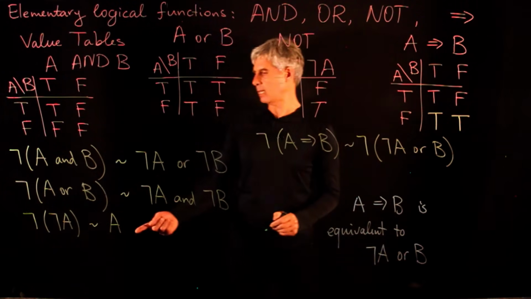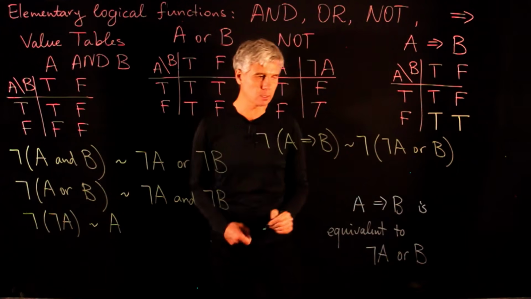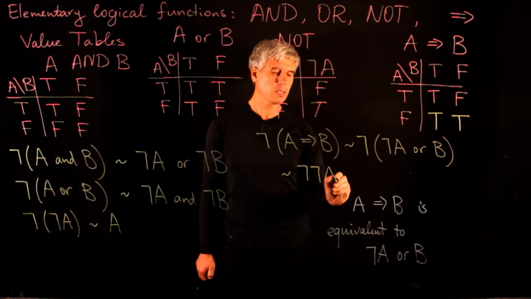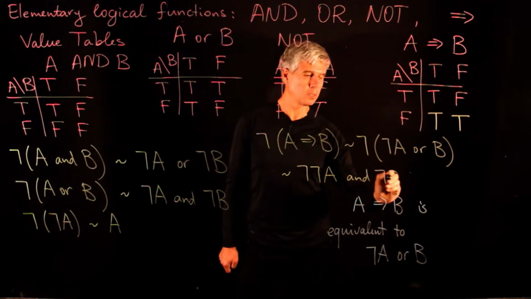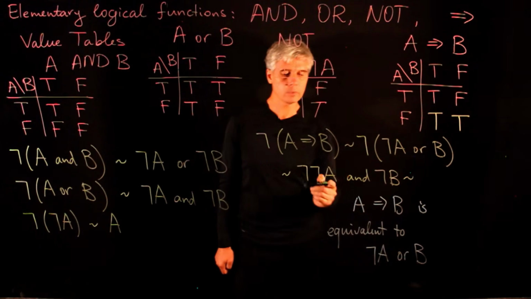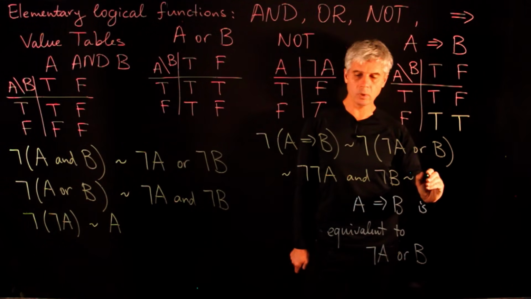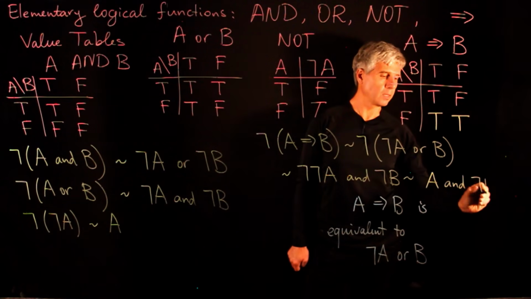But when we negate or, we put an and and negate the two things. So this is equivalent to not not A and not B. And so double negation disappears. So this is equivalent to A and not B.